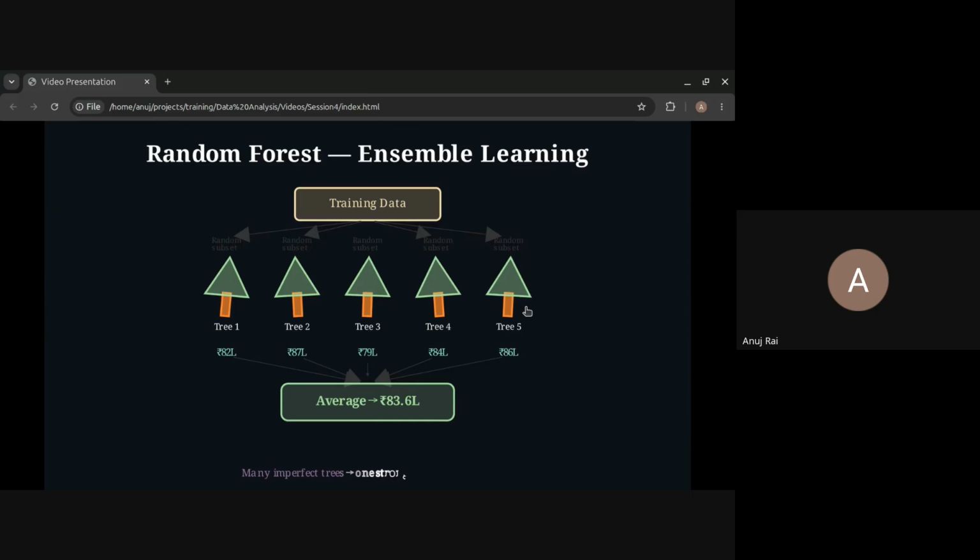Each tree sees a random subset of data and features, then they all vote on the prediction. So in a way, multiple data clusters are found, multiple trees are constructed based on that, and each tree then votes on the prediction. The average of many imperfect trees is taken, and then definitely its output will be better than a single perfect tree.